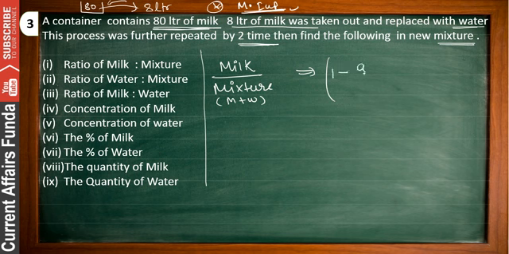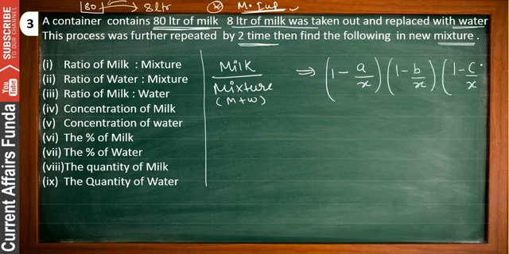1 minus a divided by x, into 1 minus b divided by x, into 1 minus c divided by x. Why? Because first of all we will apply this method, and the process is repeated 2 times, that means again and again. If the question says the process is repeated 3 times, you will make these variables for the 4th time.